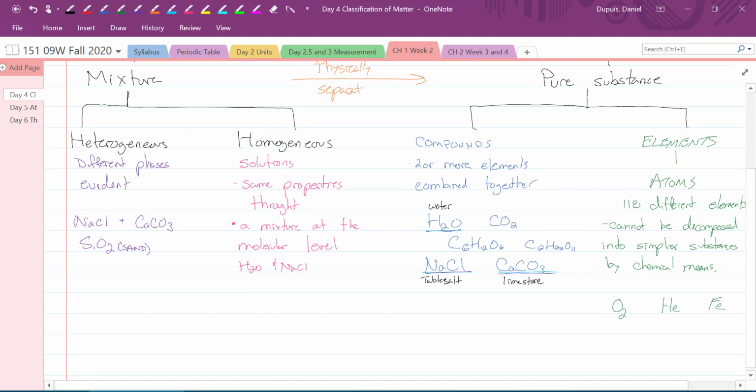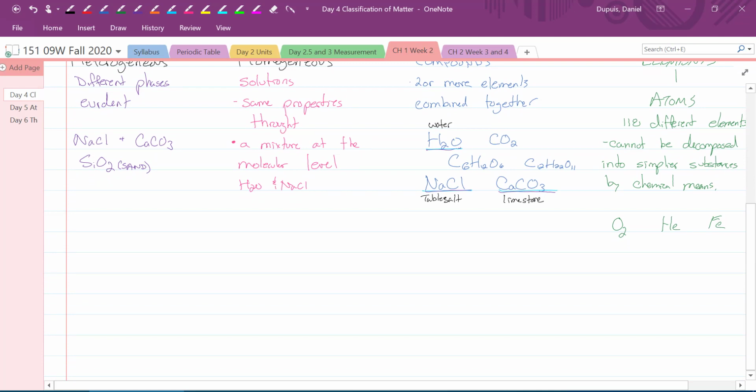So if we look at an example here, if I have some elements, H2 plus 1/2 O2 goes to H2O. That's a chemical reaction. Hydrogen is a gas, so we put a G down.